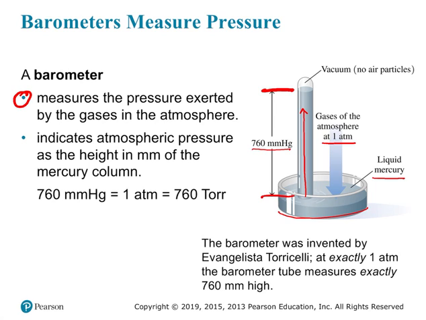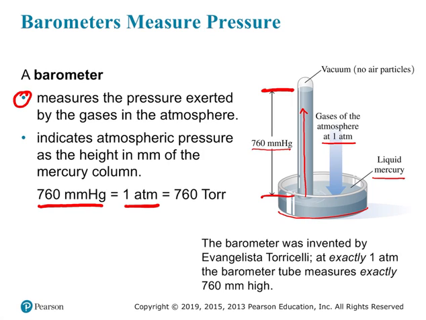Okay, so if the atmospheric pressure is equal to 760 millimeters of mercury, we say that that is 1 atmosphere of pressure. Now, there is another unit, torr, which is exactly equal to millimeters of mercury.